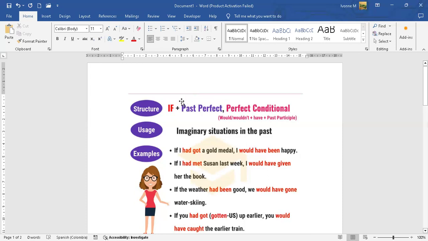The structure is that we use the past perfect and we use the perfect conditional. Those are verb tenses. So I need to know how to build a sentence in the past perfect and how to build a sentence using the perfect conditional. The perfect conditional is would have done.